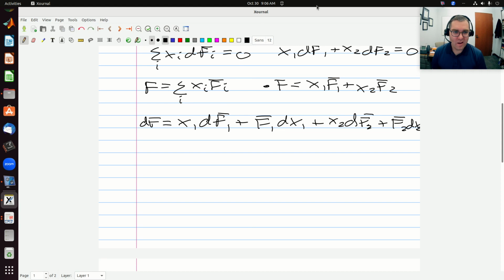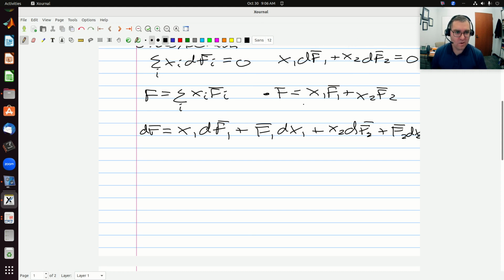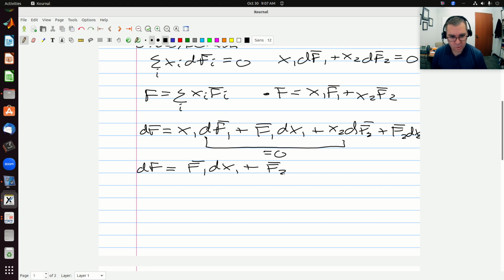Well, I have my Gibbs-Duhem equation, so x1 d f-bar 1 plus x2 d f-bar 2 is equal to 0. So I'm left with df is equal to f-bar 1 dx1 plus f-bar 2 dx2.